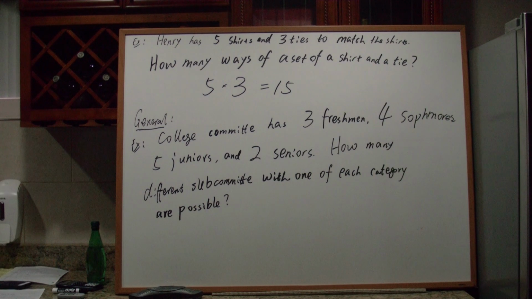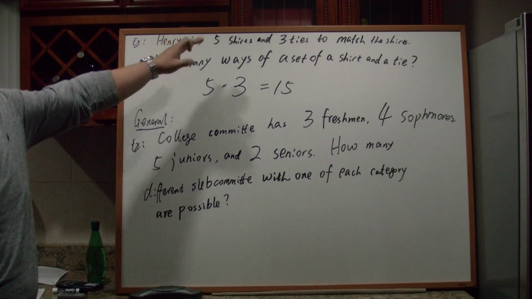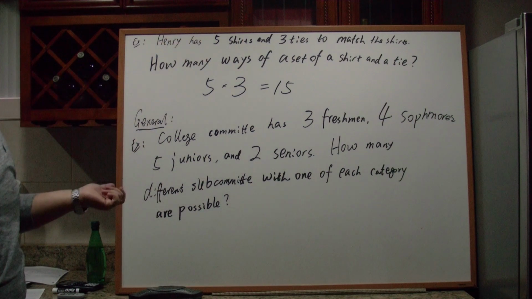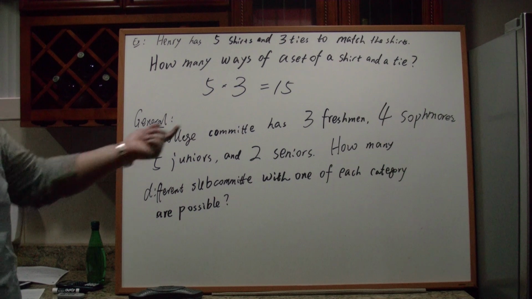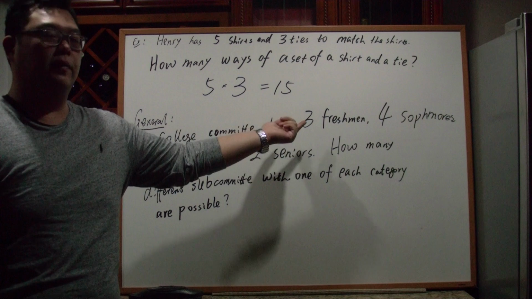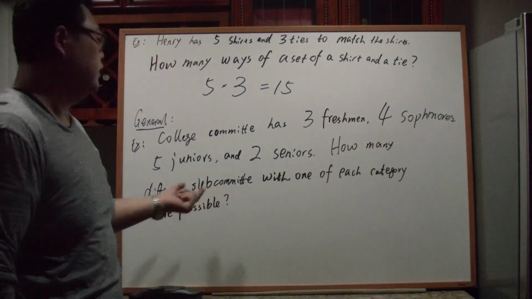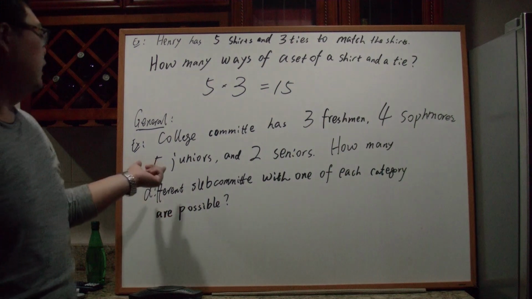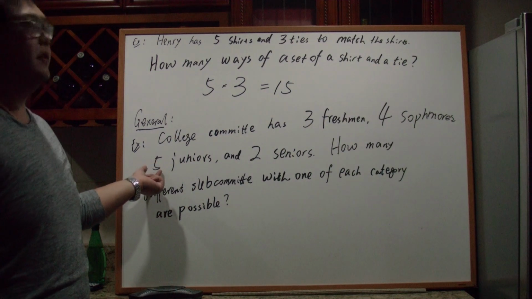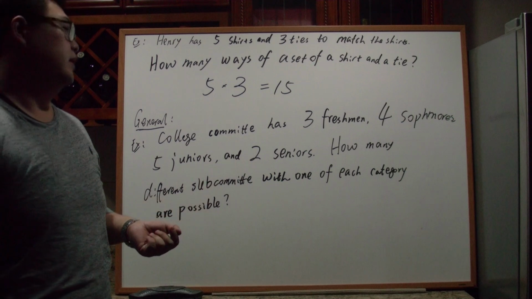Right, so before, with the fundamental rule, we were just saying the first and second experiment, like just shirt and tie. But when we extend it, the freshman can be chosen from the 3 people, the sophomore can be chosen from the 4 people, right, we want 1 person from each category, and the junior can be selected from 5, and the senior can be selected from 2.